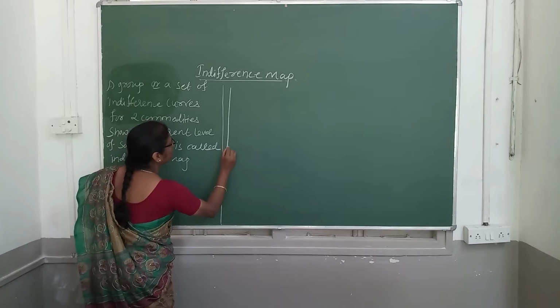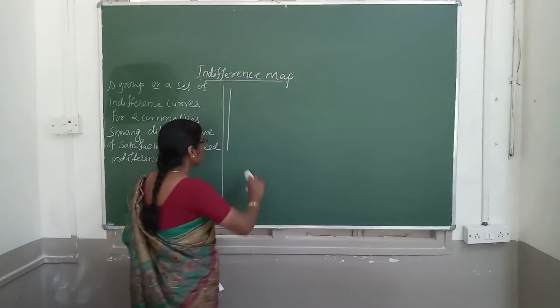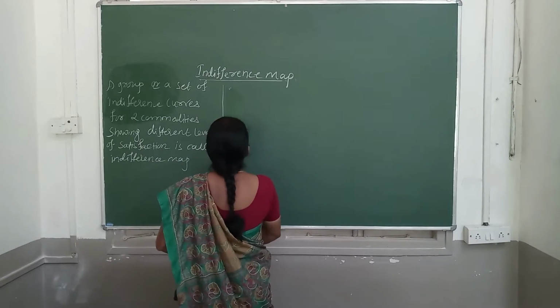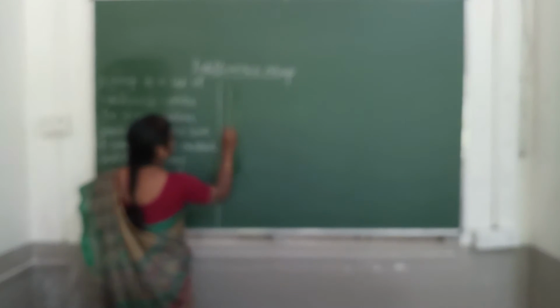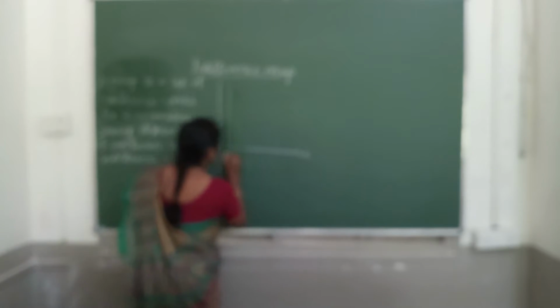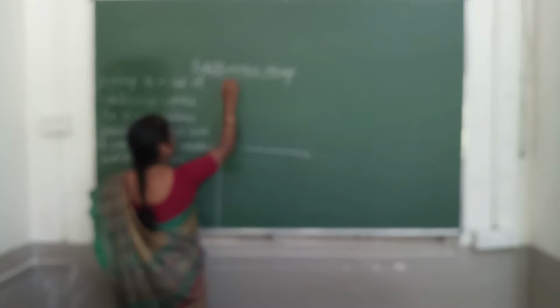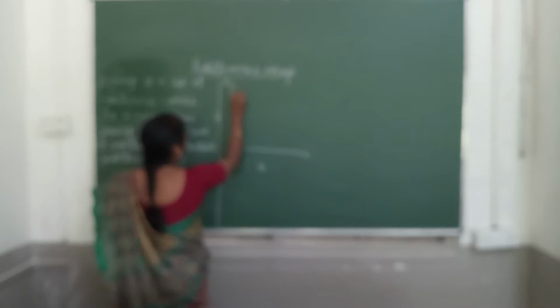See here. OX, OY. On OX, X is given, and on OY, Y is given.